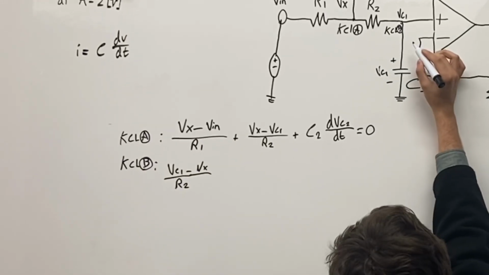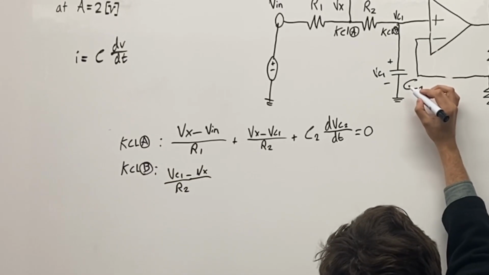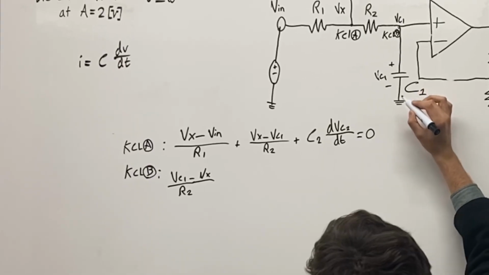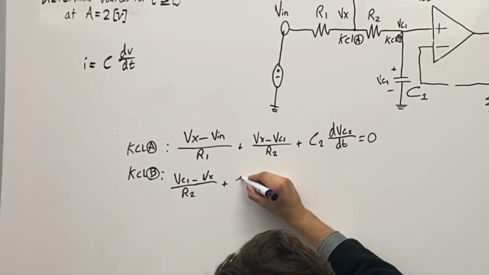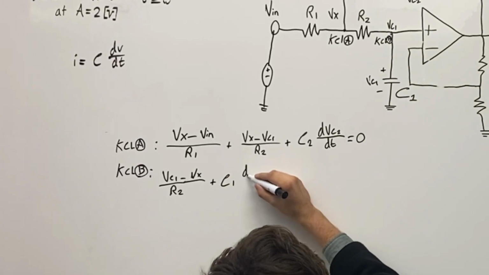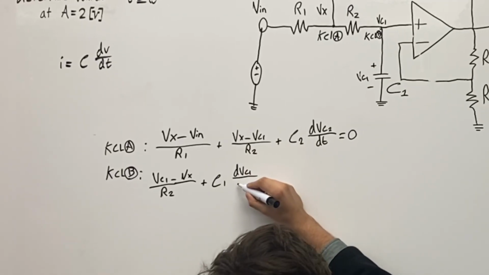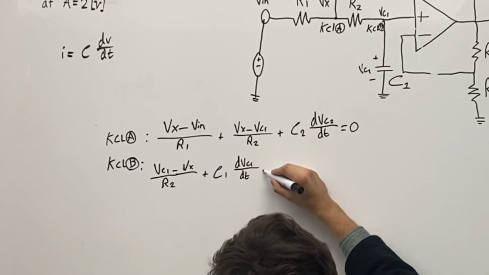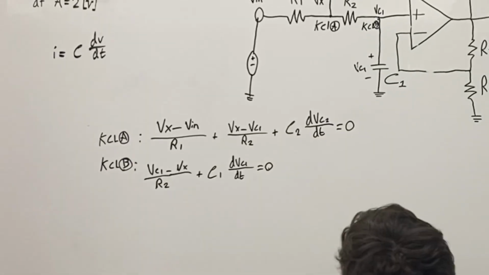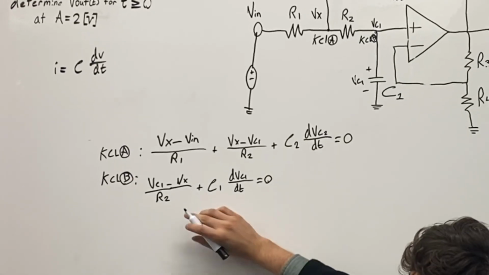And this one, it's going to go through the capacitor, so we need to do the differential, which is C1 dVC1 over dt equals 0.